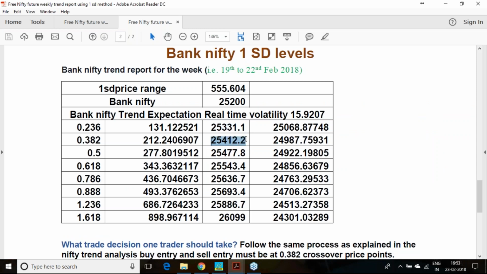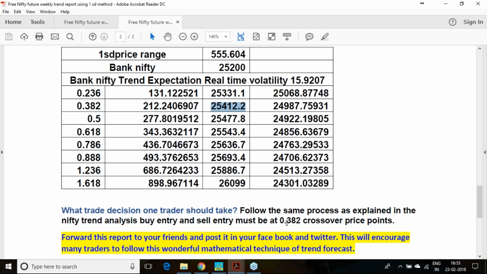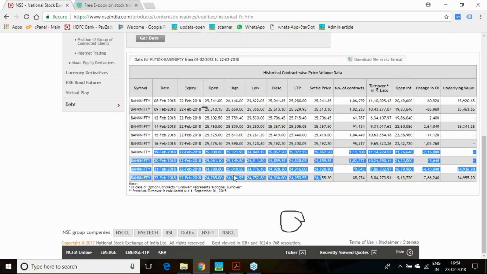If it goes to 25,412, I always say that for Bank Nifty you wait for the 0.382 crossover because the base value is very big, 25,000. If it crosses, you can buy. This price never came in the Bank Nifty, if you look at the higher part or the opening part of 19th to 22nd February.